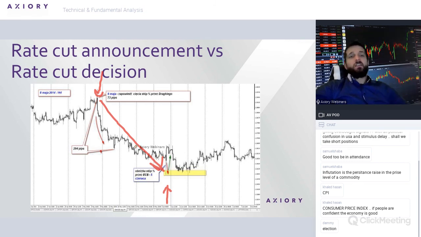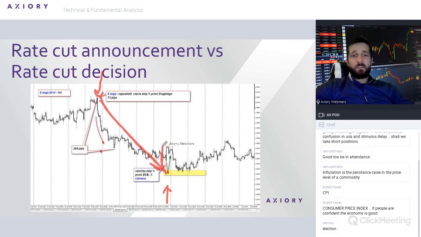All right? So, rate cut. A rate cut is negative for the currency. A rate rise is positive for the currency. So here is a rate cut announcement and decision from the European Central Bank. And this is euro dollar. So euro should go down, and it went down.